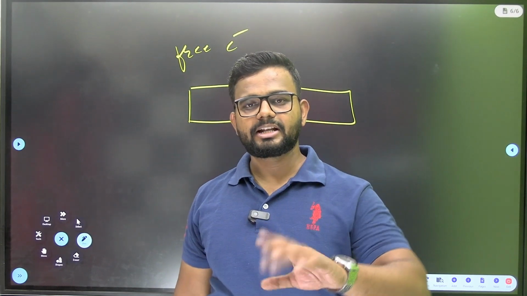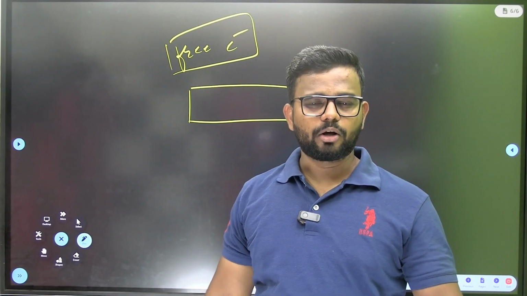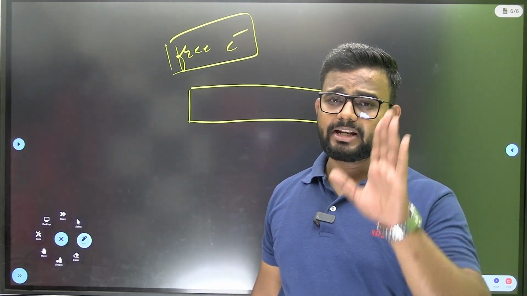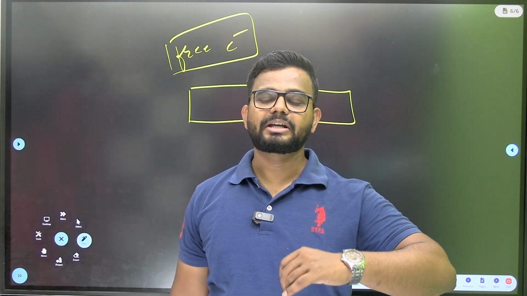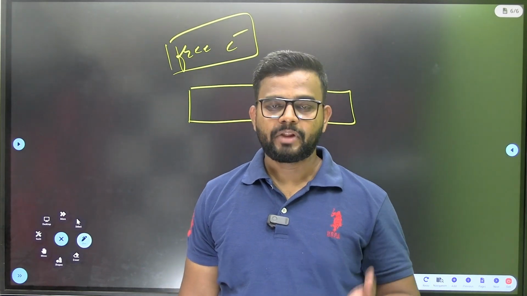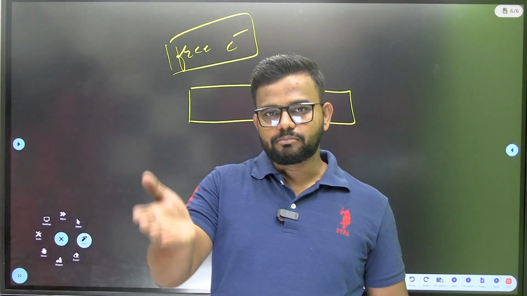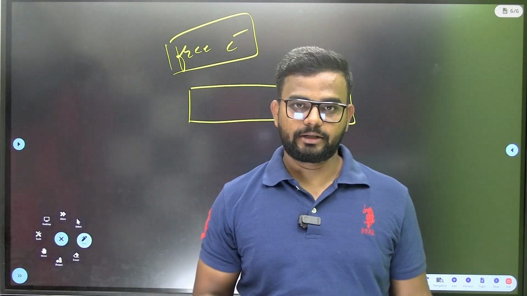And if the material is a bad conductor, the number of free electrons is either very small or they are not present at all. If free electrons are not present or are very few, then the material is an electrically bad conductor. And if the free electrons are high in number, then the material becomes an electrically good conductor.